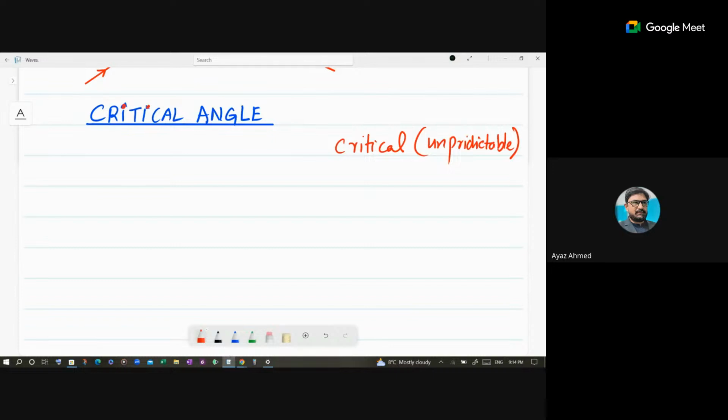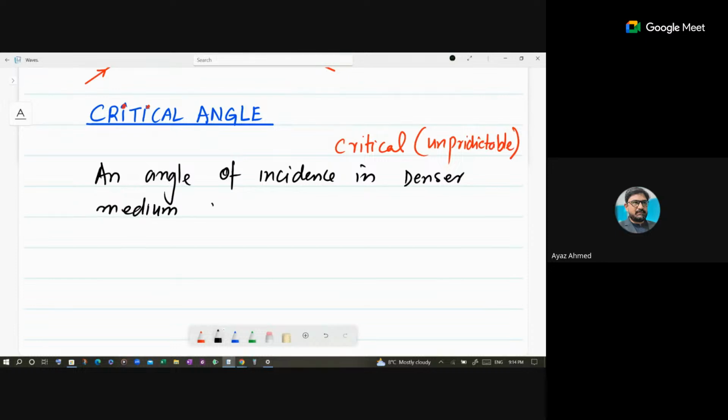So when we say critical angle, I will write it this way: an angle of incidence in the denser medium at which the emergent light ray becomes parallel to the boundary, the surface of the medium from which the light is going to emerge.